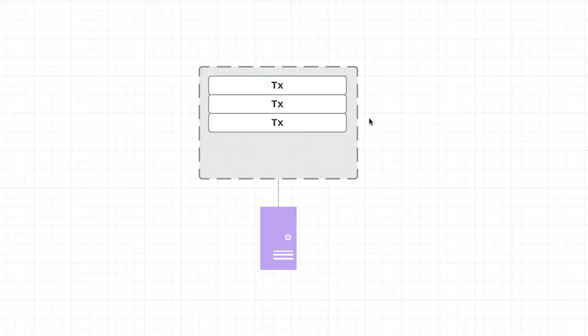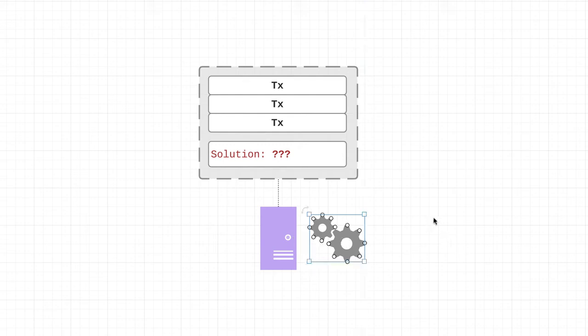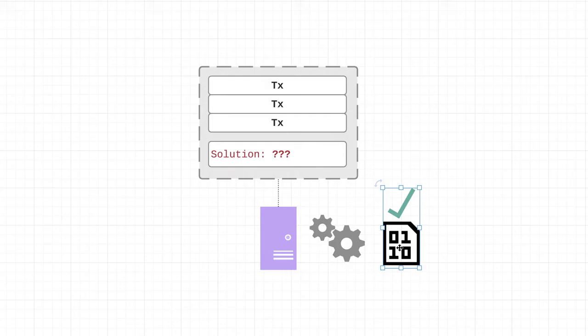So this is when things get interesting, because before these transactions can be considered finalized, each node is then going to attempt to solve a difficult puzzle, and this puzzle is going to require a lot of computing power. Now, by solving this puzzle, nodes can prove that they did work by using computational resources.